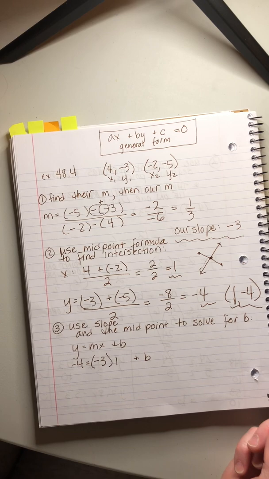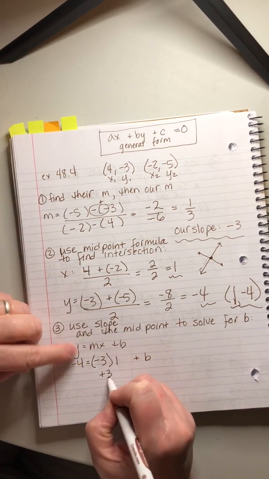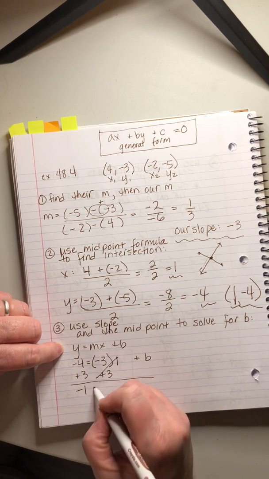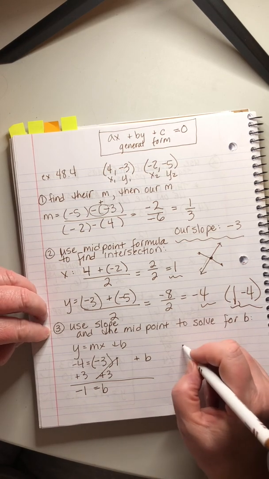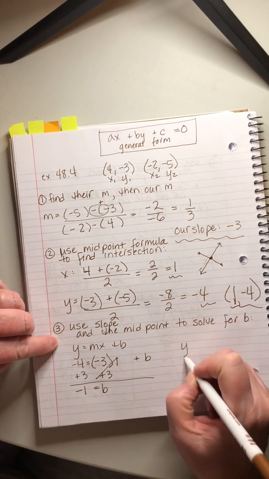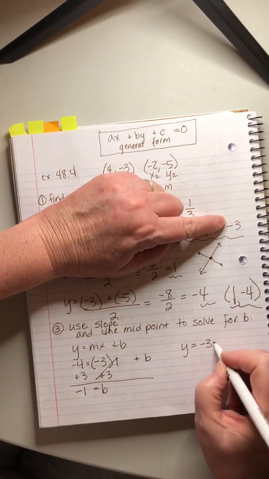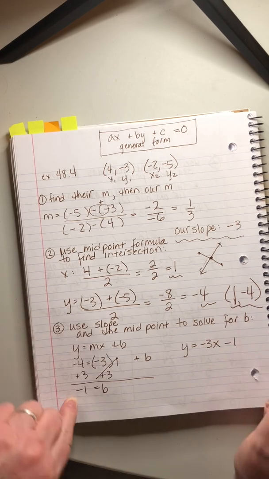Just plugging those in. We've been doing that for days, haven't we? I mean, years, literally. Now we can see this is minus 3, so we have to add 3 to both sides. Minus 1 equals b. So our line is y equals minus 3x minus 1.